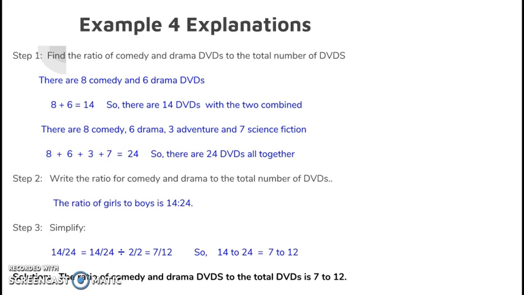We know that both of those numbers are even, and that 2 is a factor for all even numbers, so we're going to divide them both by 2. And when we do that, we get 7 to 12. So the ratio of comedy and drama DVDs to the total DVDs is 7 to 12. So for every 7 comedy and drama, there are 12 DVDs in our collection.